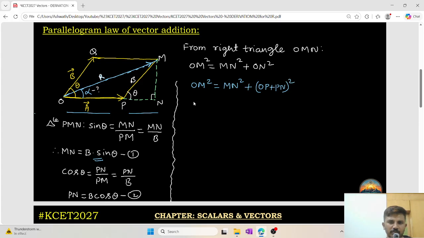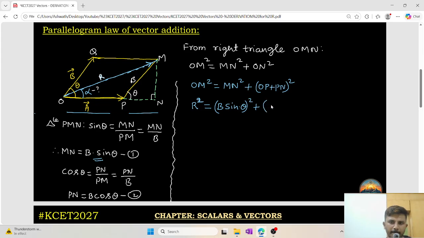If I substitute the values here, OM is R square. Look at the diagram. That is equal to MN. MN is equation number 1, that is B sine theta whole square, plus OP.